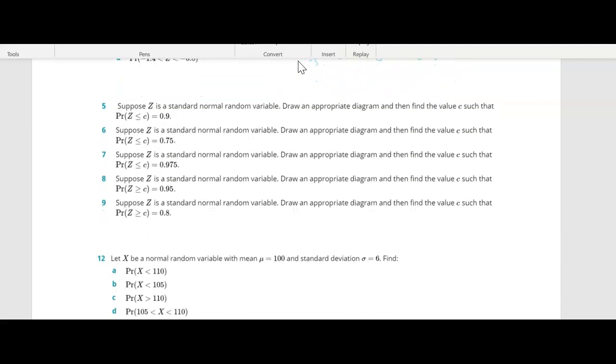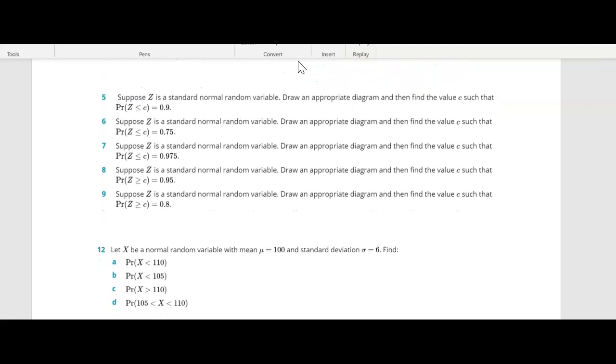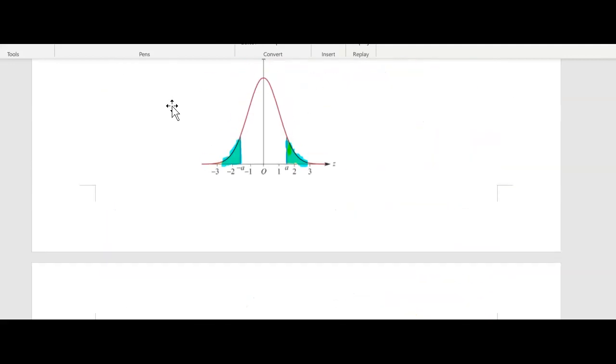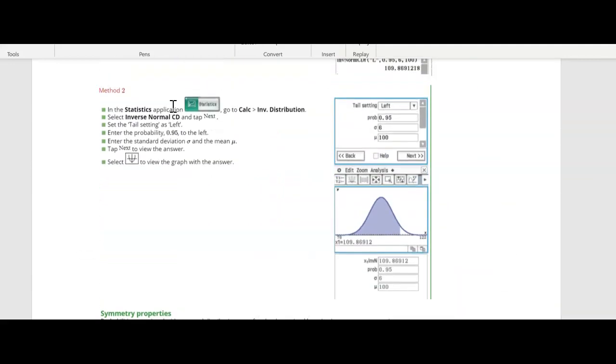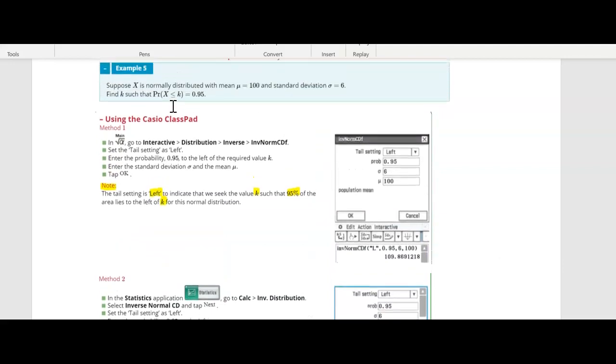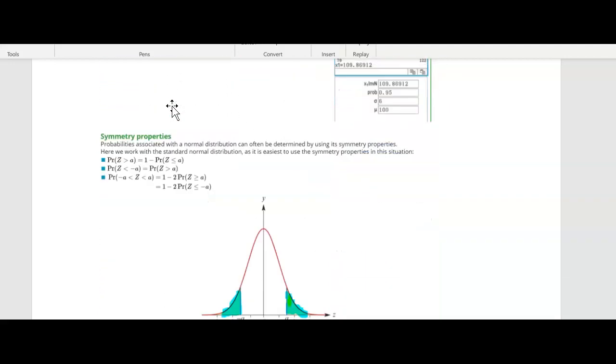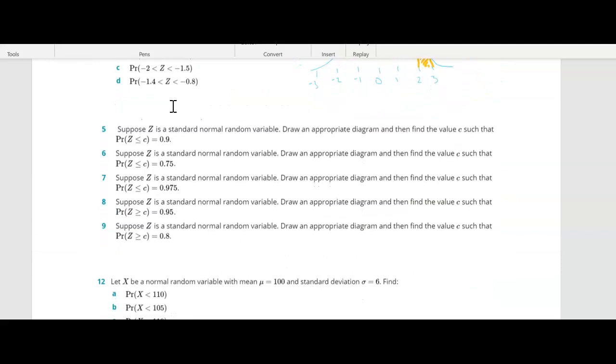Now question 5 is slightly different. Like we did in the second example, remember when we did this second question, we were looking for K. So for questions 5 to 9, we're using the same theory. We've got to go to inverse normal.